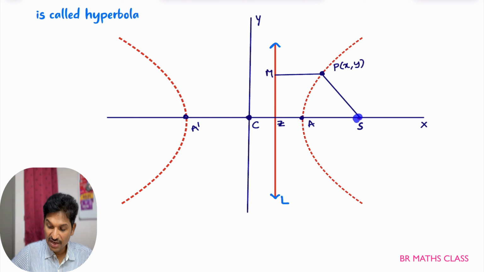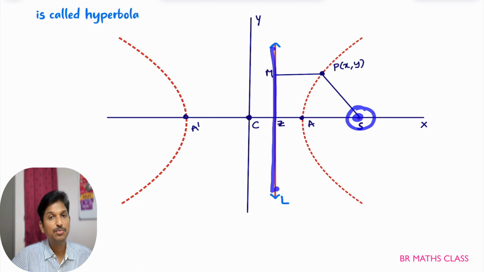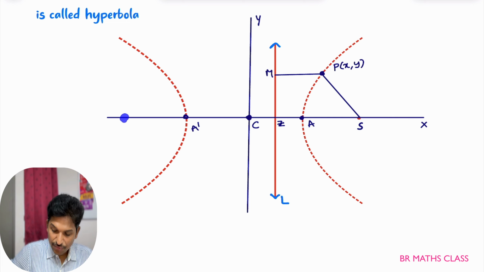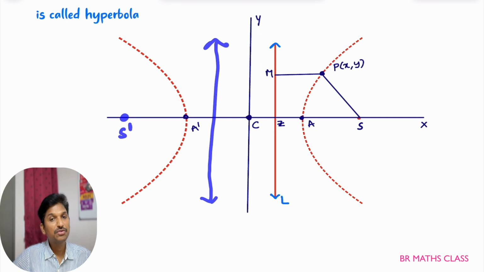See, actually, we took this as a fixed point, this as a fixed line. As per the definition we proceeded, we got this diagram. The same diagram you will get if you take this S dash as a fixed point, this L dash as a fixed line. If you proceed further also, you will get the same diagram because of this symmetry of this hyperbola with respect to the coordinate axis.